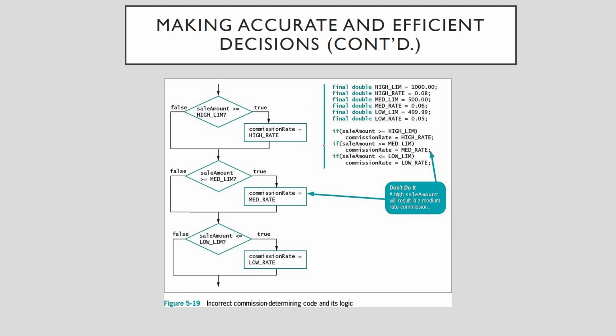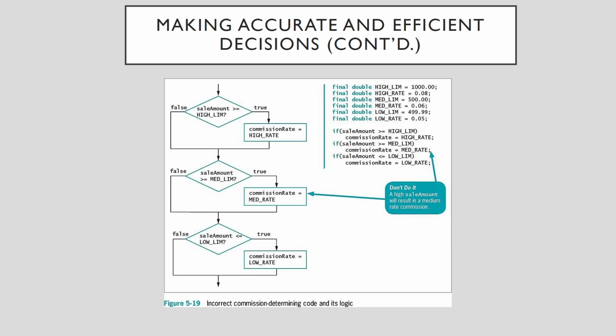We have here a sample program which repeatedly asks the question. The first condition is: if sale amount is greater than high lim, then commission rate is equal to high rate.